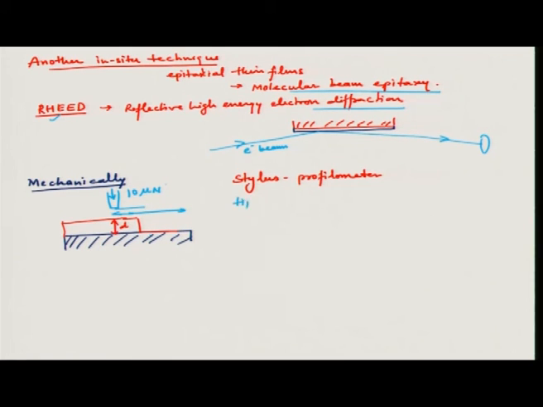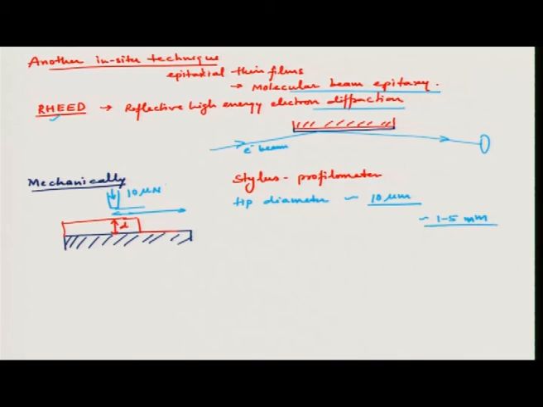The tip diameter for this is usually in the range of 10 micron. It will not give you a very good lateral resolution, but will give you very good vertical resolution. It will give you vertical resolution of the order of around 1 to 5 nanometer.